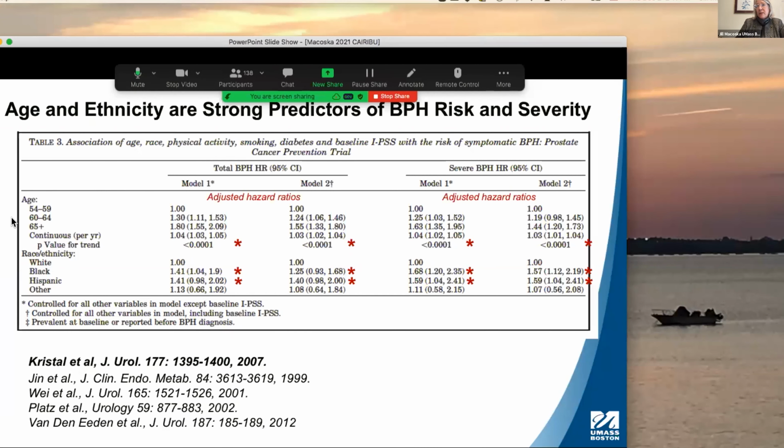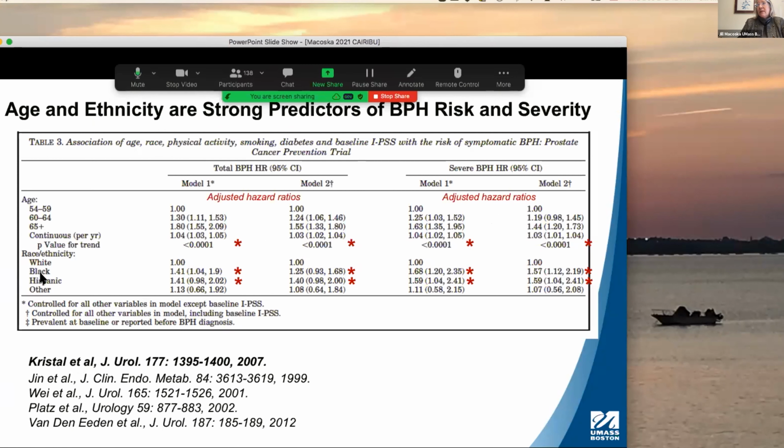And one of the first risk factors we look at here is age. And I think you can see the very significant p-value here for both models, looking at age as it relates to risk for developing BPH LUTS and actually developing progressive or severe BPH LUTS. So age is a major risk factor.